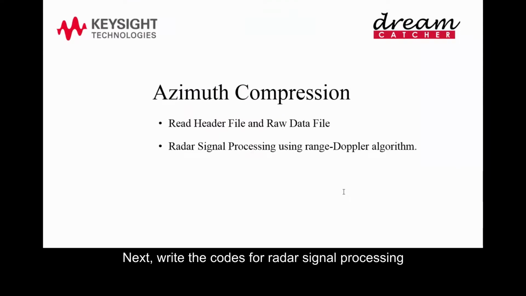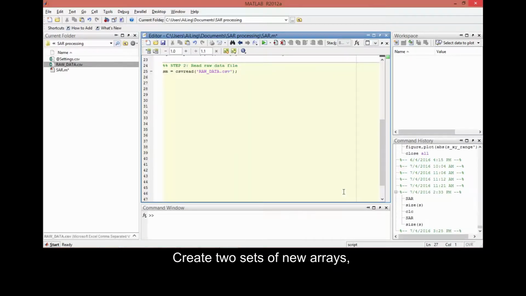Next, write the codes for radar signal processing, using range Doppler algorithm in MATLAB editor. Create two sets of new arrays, range domain arrays, and azimuth domain arrays, to represent the range's and azimuth's distance and frequency, respectively.